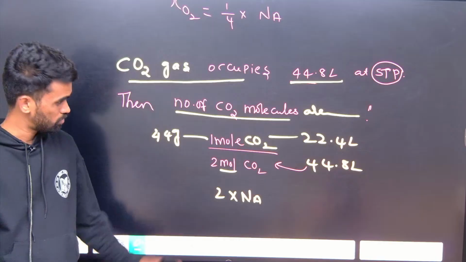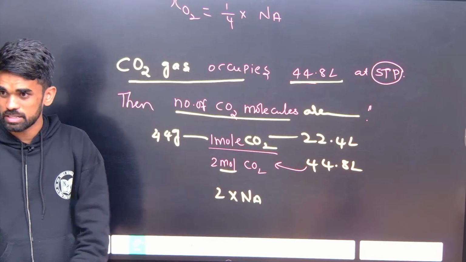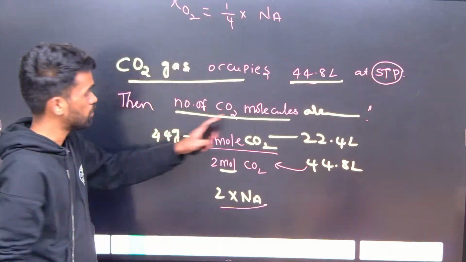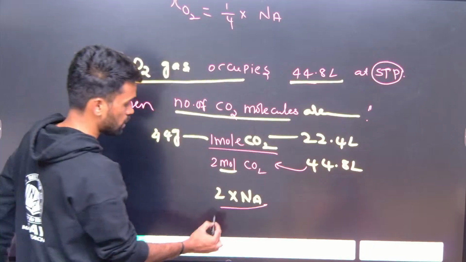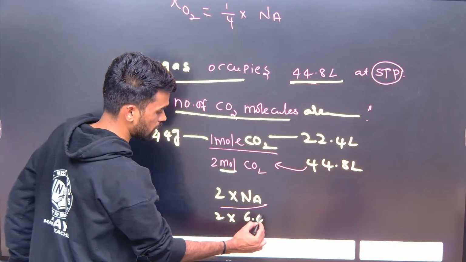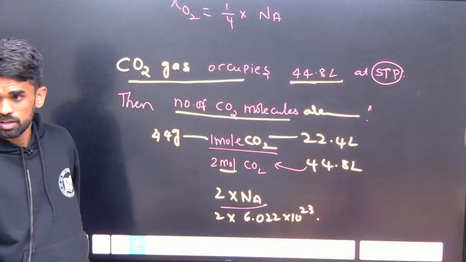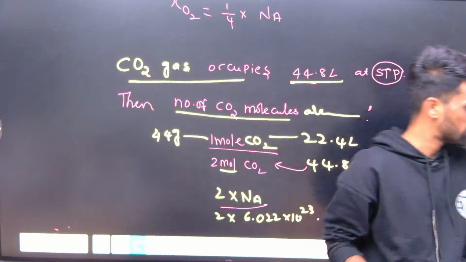Yeah, we can take, but simplest way to understand, that's why. So you got the answer. So this should be your number of CO2 molecules. Okay, so if they mention it like this also, it will be fine. Okay, fine. Next, let us move forward with few more examples.